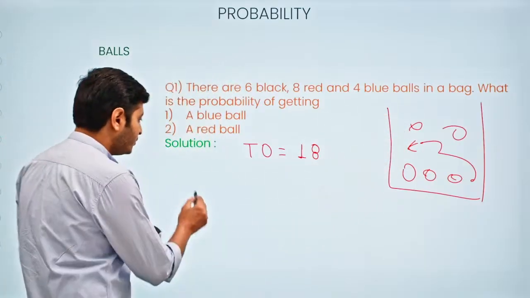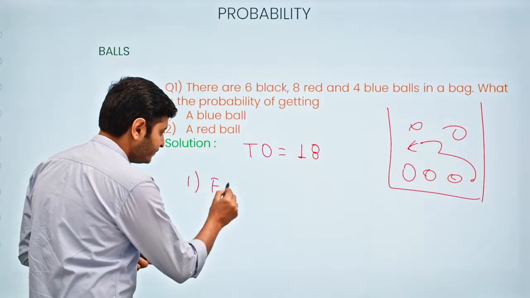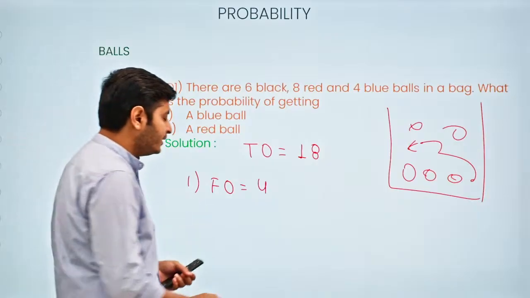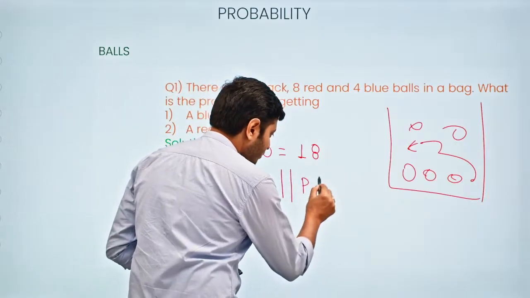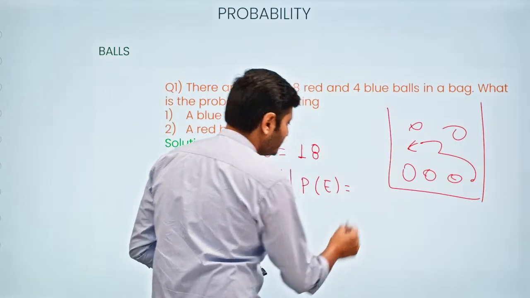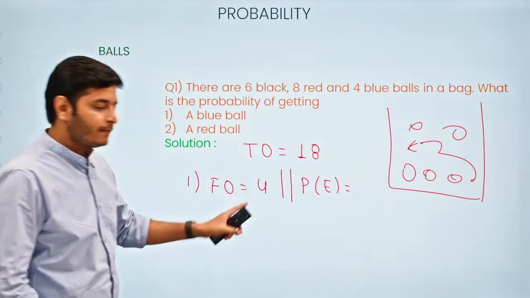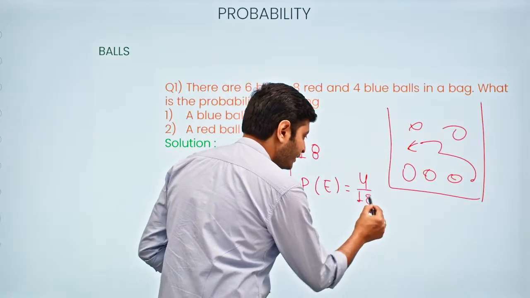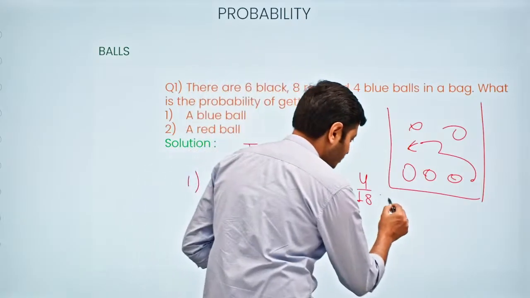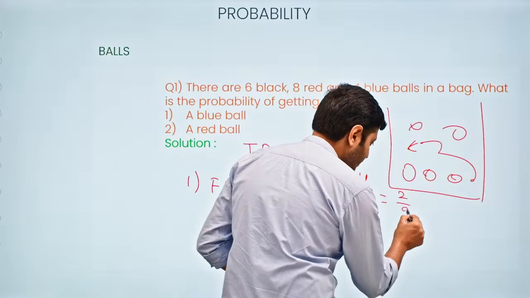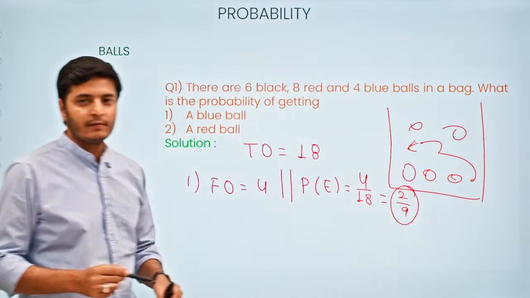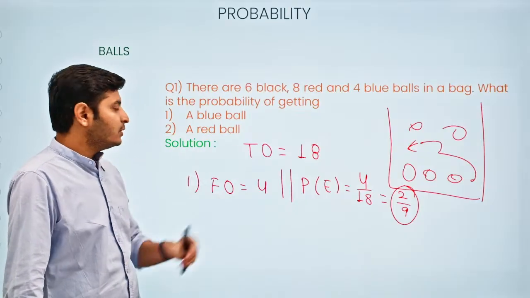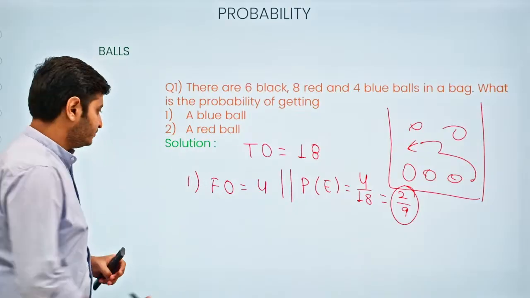So the favorable number of outcomes in the first case is 4. So how to find the probability now? Probability of getting a blue ball is total number of favorable outcomes 4 divided by total number of outcomes 18. We can simplify further, so it is 2 by 9. So the probability of getting a blue ball is 2 by 9. Same way you can find the probability of getting a red ball.